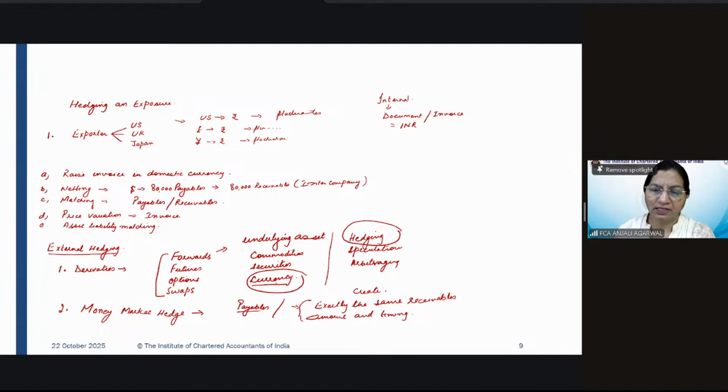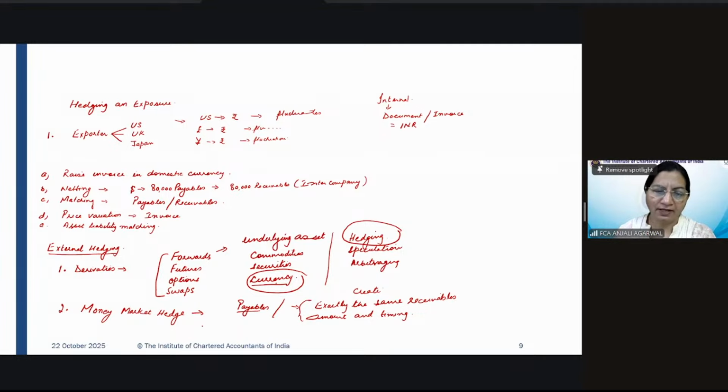Now, how are you going to receive a foreign currency in future? When you lend to somebody in that foreign currency. That person will repay the same amount with interest. So you will have exactly the same receivables.